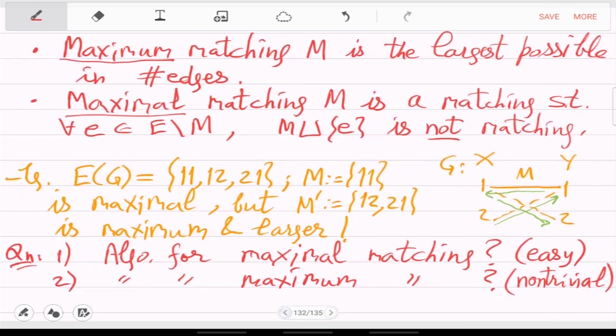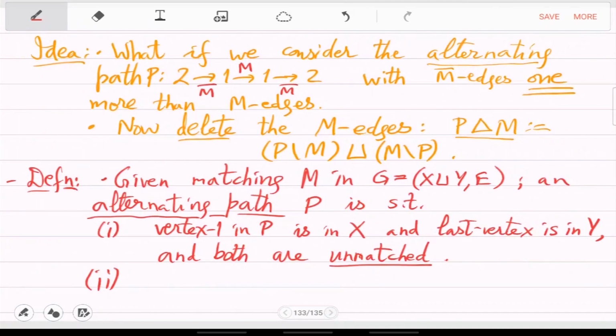Like in this example, 2 and 2 were unmatched, right? So the green path originated in 2 and ended in 2, both unmatched. So that's the first property.